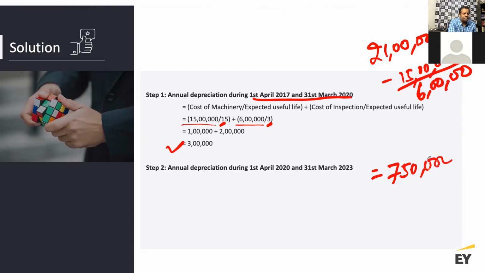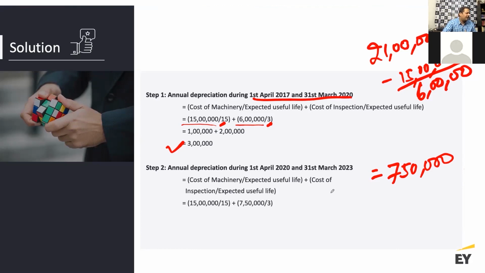Remember how much inspection cost I have incurred: 7,50,000. I have not incurred the 6 lakh which I estimated. I have actually incurred 7,50,000. Now I need to determine my depreciation cost, which is again the same thing: cost of machinery by expected useful life plus cost of inspection by expected useful life, which is 15 lakh divided by 15 plus 7,50,000 divided by 3.